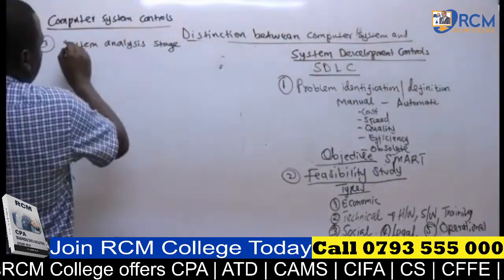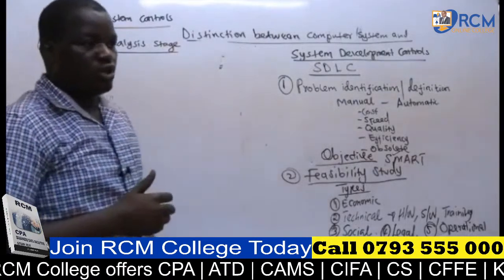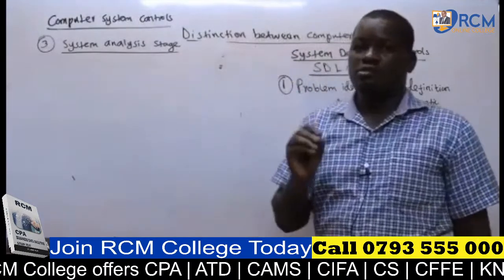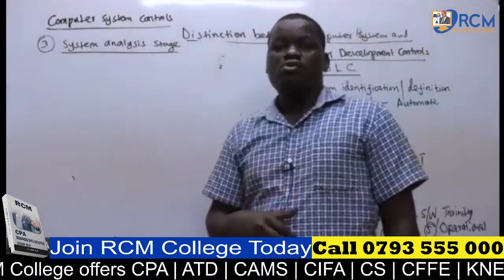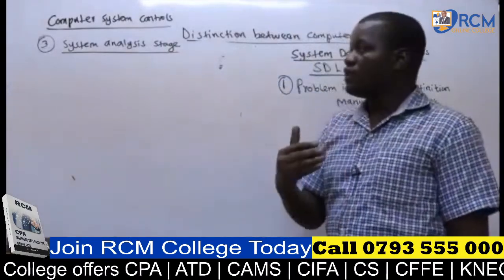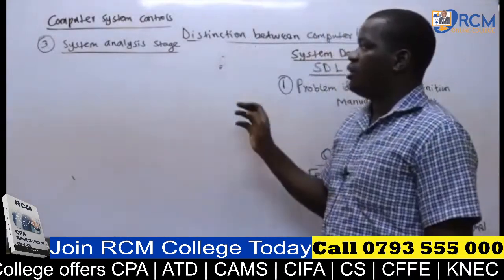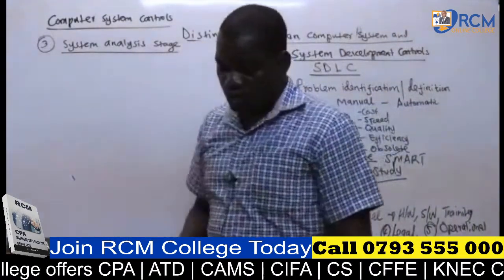This stage is where the user requirements are understood. So you identify what users want. What do they want this system to do for them? What are the business needs to be achieved? What are the system specifications that need to be met during the system development? That normally happens at this stage of system analysis.